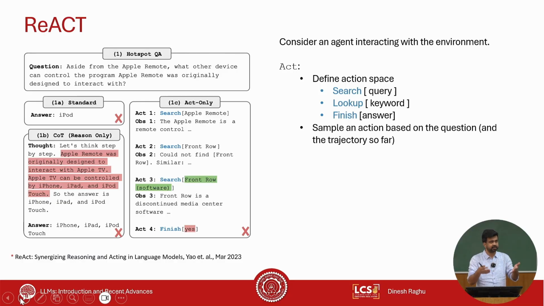But if you want to search in that page, then you use this action called lookup, which says if you give me a keyword, I will give you 2 lines above and 2 lines below the first match of that keyword. If you call it again, it will give you the next match, or it will say end of match or things like that, right? And finally, you are allowed to use the action finish, whose argument is the final answer with which you will evaluate the system.